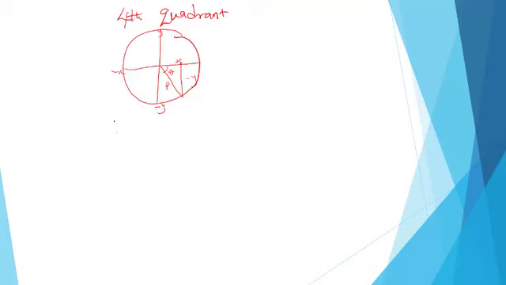So with this, we have sine theta, remember SOHCAHTOA, for sine, cosine, and tan, just like what we've been doing. So sine theta is opposite, which is minus y over hypotenuse p. So this is also a negative value.